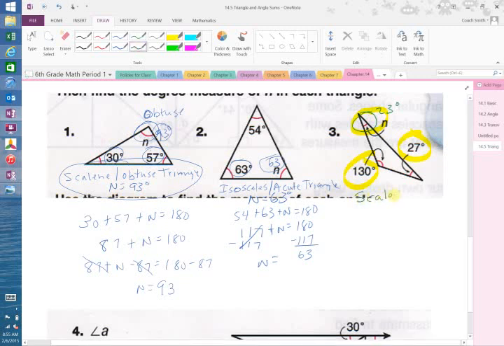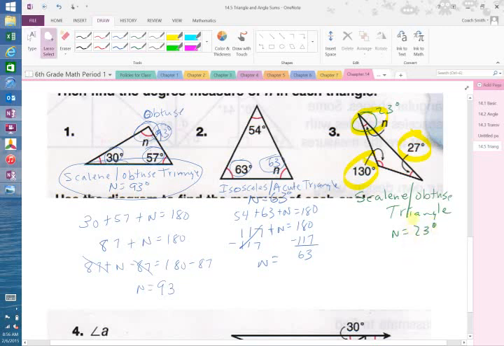And what's the other one? We got to take one from each column. Scalene and what? Obtuse. Good. Obtuse triangle. Okay? And we said that n is equal to 23 degrees.